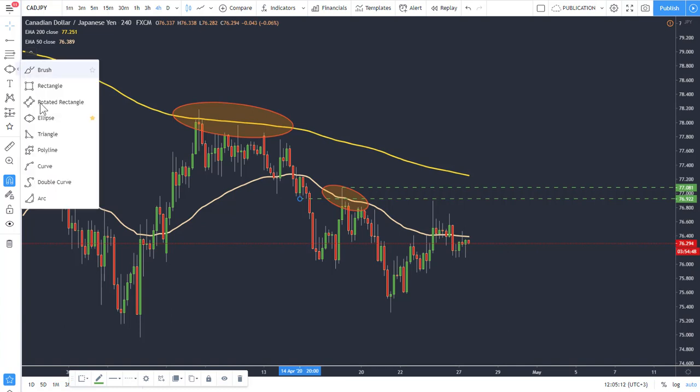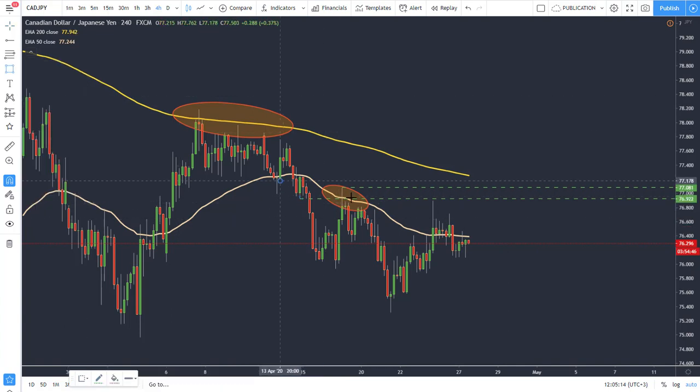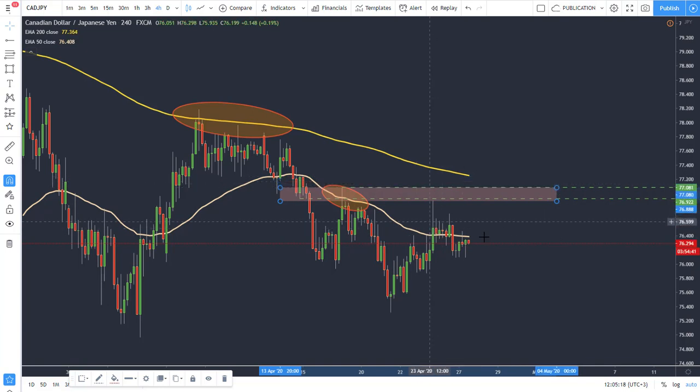So you can see this is a very important resistance that has been formed right there, and price is rejecting it. Overall, this is a sign of weakness also, and we are printing lower lows and lower highs, and I would expect price to decline unless we break above this high and above the 200 exponential average.